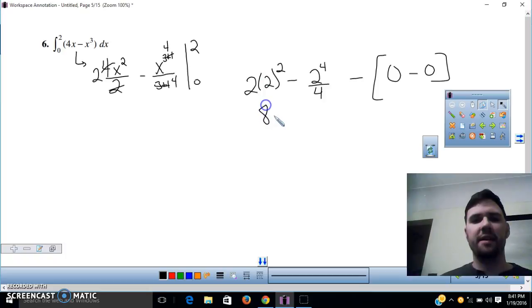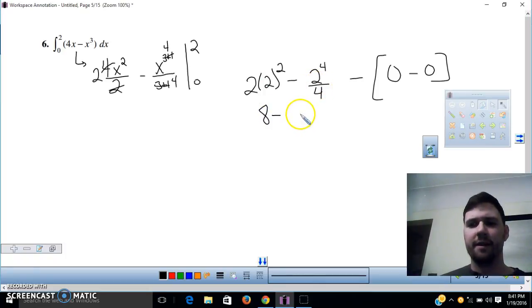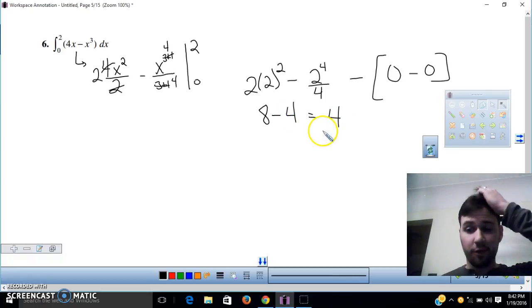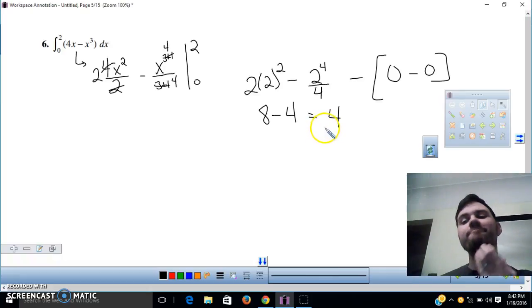So that becomes 8 minus 2 to the 4th over 4. Maybe wrong. 2 to the 4th, that's the same as 2 to the 3rd. Oh, derp. So that's 4. So the answer is 4, which is pretty close to our estimate of 3.75, right?